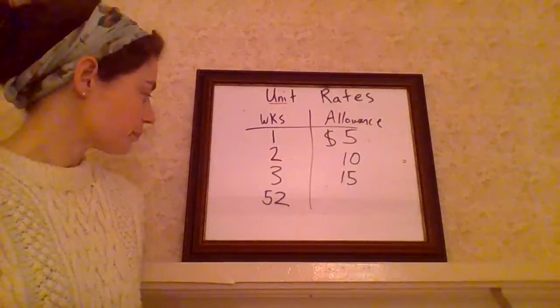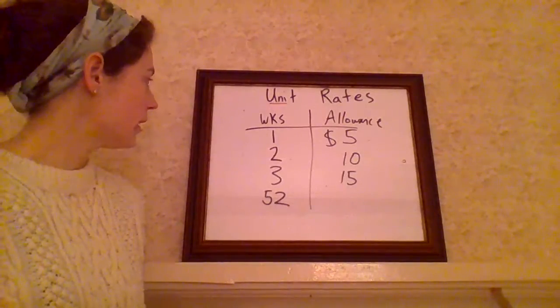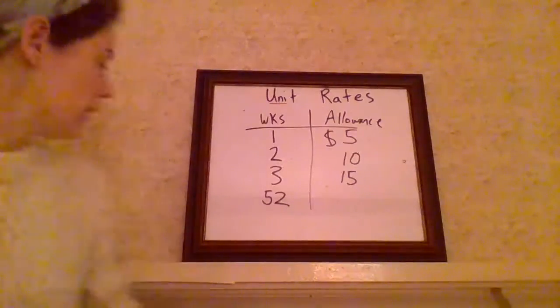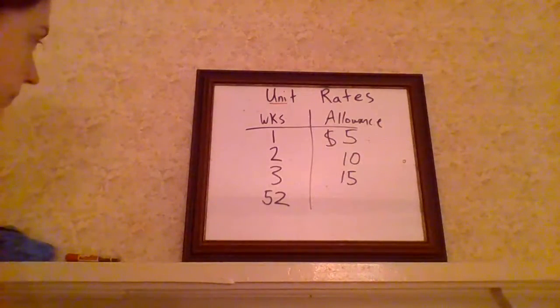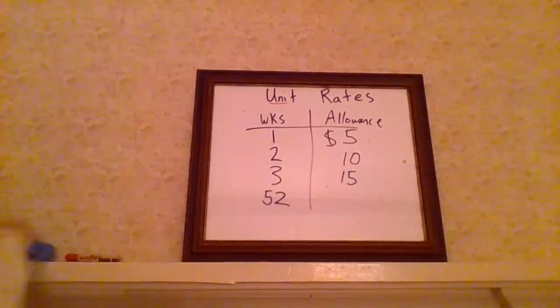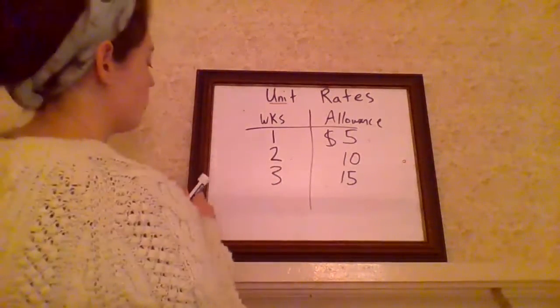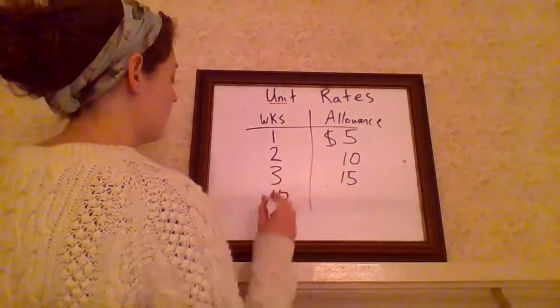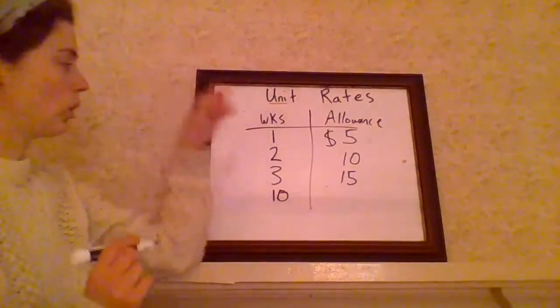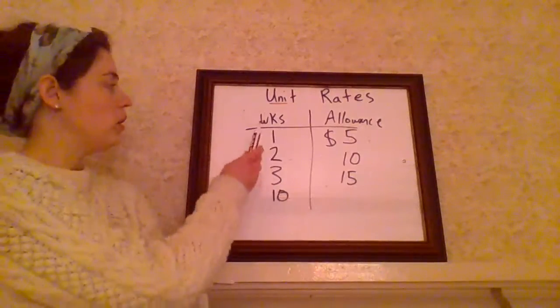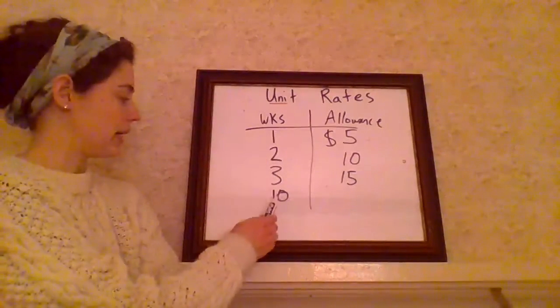So what you can do is multiply. Let's try a simpler one first, okay? So let's say if we wanted to know 10 weeks. So 1 week, $5, how much would be 10 weeks? So what you do is you think, what do you multiply 1 by to get 10?